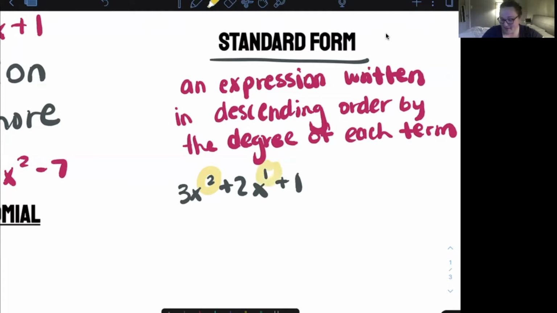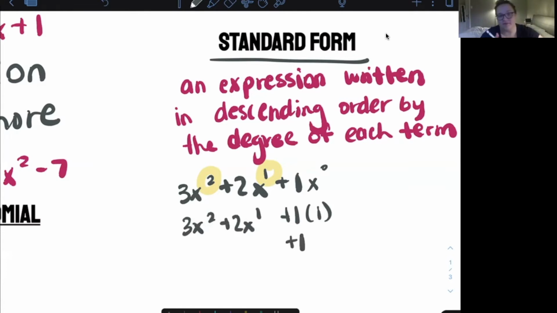And then technically, there is an x to the 0 power attached to the constant 1. So we have 1 times x to the 0 power. Because what is x to the 0 power really? Hopefully you recall that x to the 0 power is really just 1. So we have 3x squared plus 2x to the first plus 1 times 1, which would just be 1.